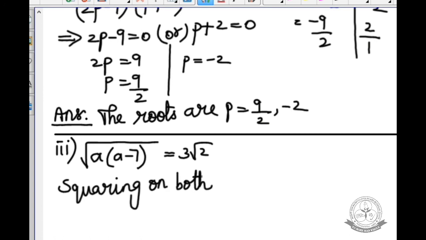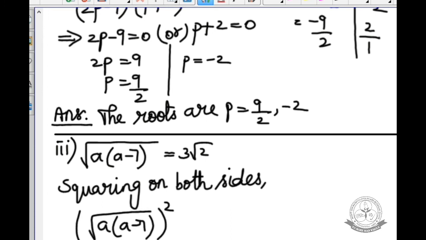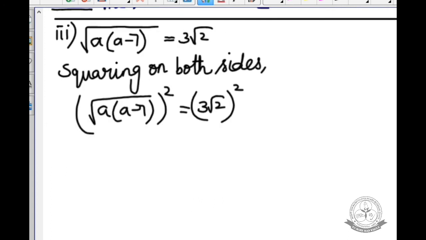Squaring on both sides, we are getting a into a minus 7 within square root whole square equal to 3 root 2 whole square. The square root will get cancelled.